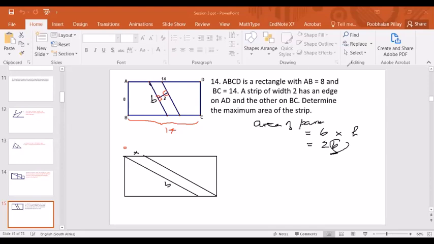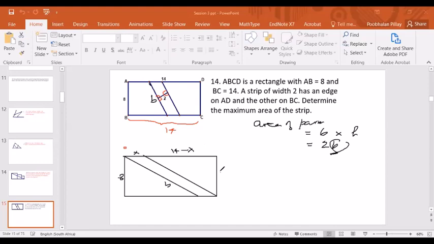You've got AB is equal to 8, and BC is 14. So the sides of the rectangle are 8 and 14. I've got this to be X. So you agree that this is going to be 14 minus X here, from here to here.